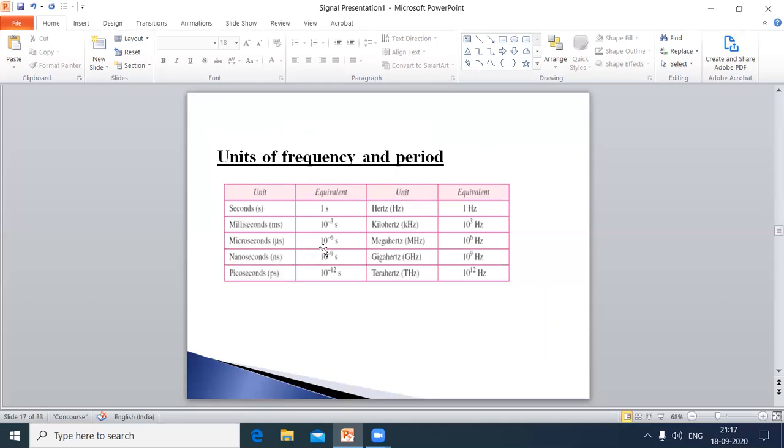Microsecond, 10 to the power of minus 6 seconds, megahertz. Nanosecond, 10 to the power of minus 9 seconds, gigahertz. Picosecond, 10 to the power of minus 12 seconds, terahertz.